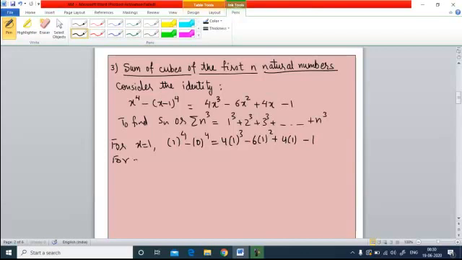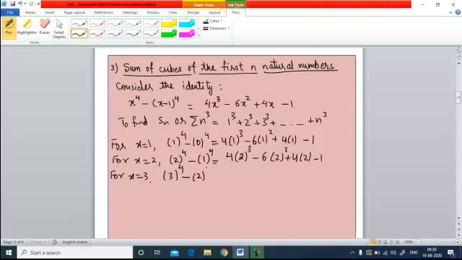Now replacing it by 2, we have 2 to the exponent 4 minus 1 to the index 4 is equal to 4 times cube of 2 minus 6 times square of 2 plus 4 times 2 minus 1. Let us take one more value. Say x is 3. So we get 3 with the exponent 4.